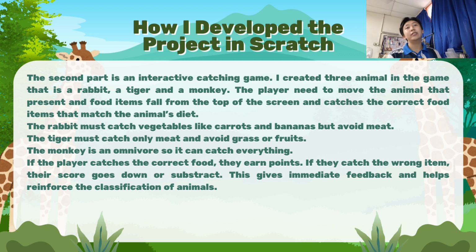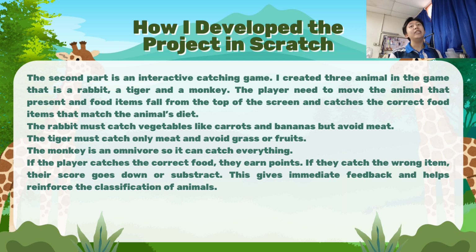Same with the rabbit, when the tiger catches the wrong food, grass or fruits, the score is subtracted for the player or the student. If they catch the correct food for the tiger, like meat, they will be added points, added to the score, and win the game.